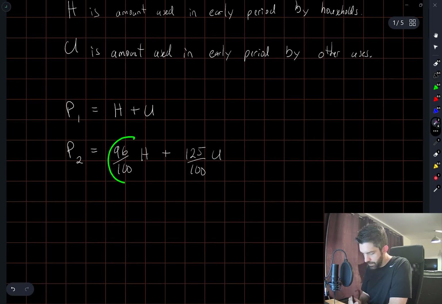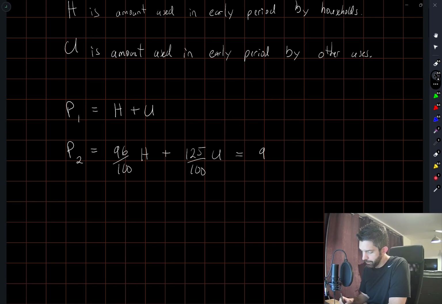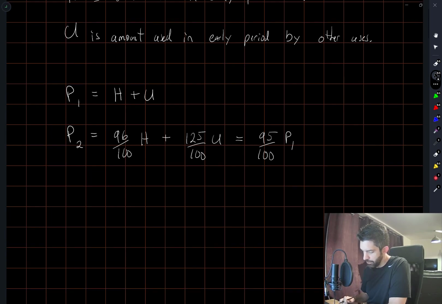Okay, so this here is 4% less than this, and that's what we're told is the household usage in the second period. This is 25% higher than this, and that's what we're told is the change in all other uses. And we're also told that this is equal to 5% less than the original billing period.